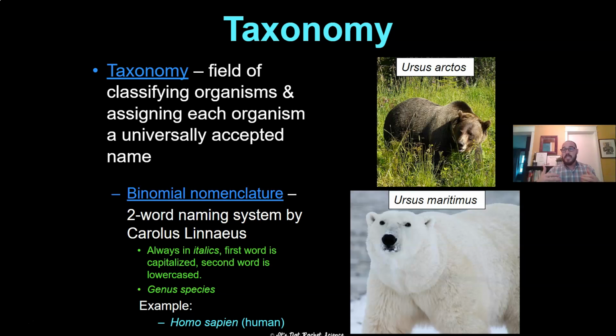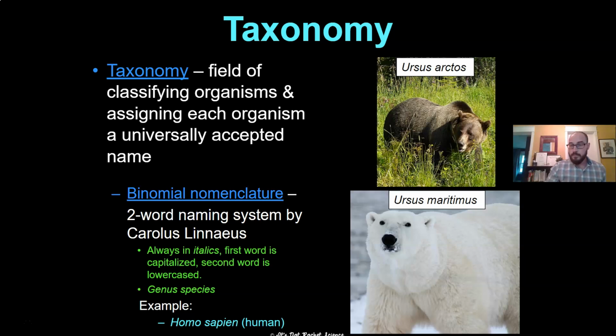And actually, they can produce viable offspring that can then go on to reproduce. So technically, polar bears and grizzly bears are the same species. And it's kind of weird to think about, but maybe actually polar bears aren't going to go extinct, and maybe they're going to just form hybrids with grizzly bears moving forward.